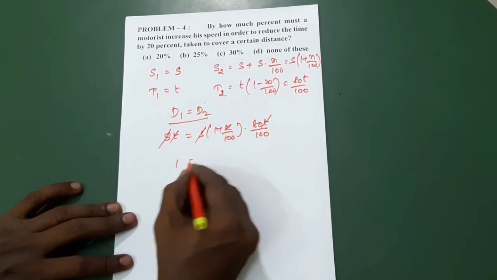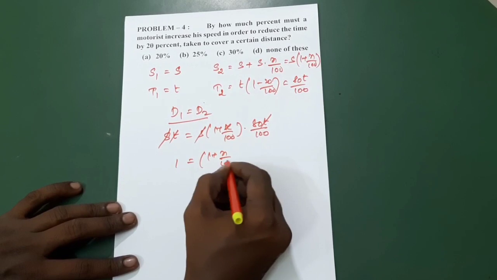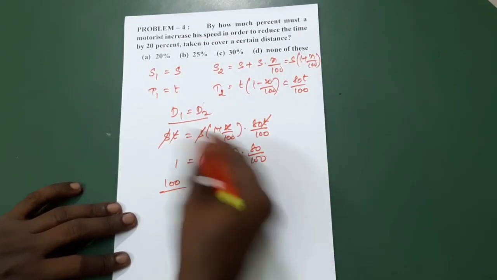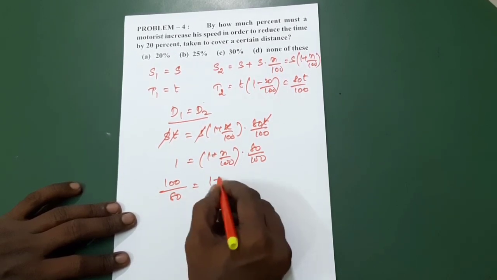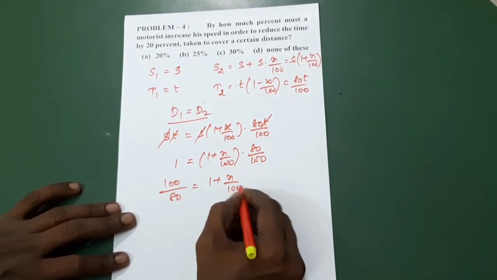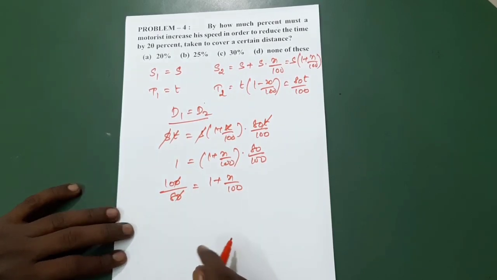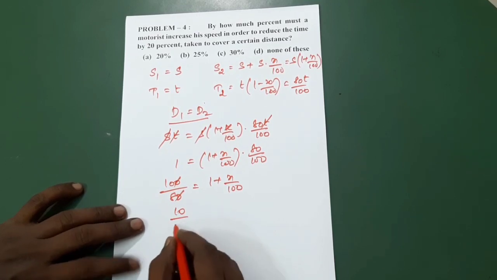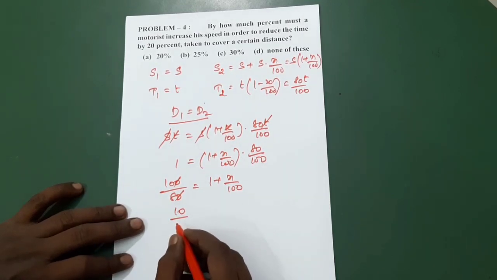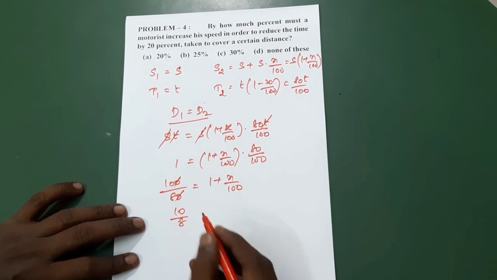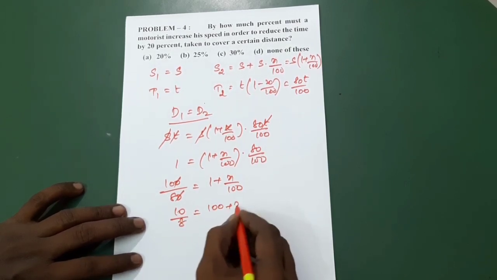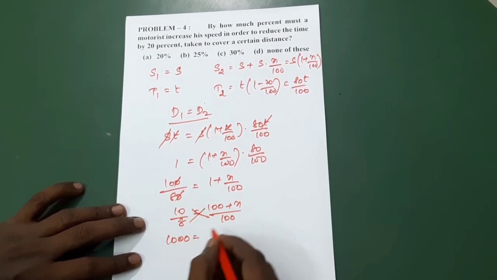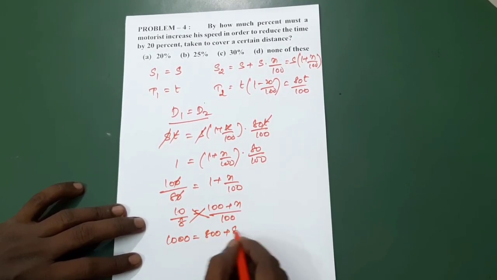So here you have 1 is equal to 1 plus x by 100 into 80 by 100. So here it will be reciprocal. So 1 plus x by 100 is equal to 10 by 8, the 10 gets cancelled. Cross multiply: 10 by 8 is equal to 100 plus x by 100. So cross multiply it, 1000 is equal to 800 plus 8x.